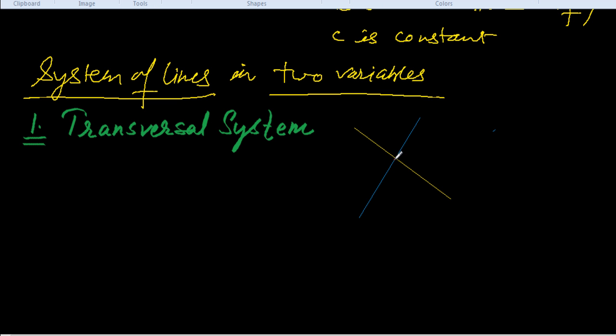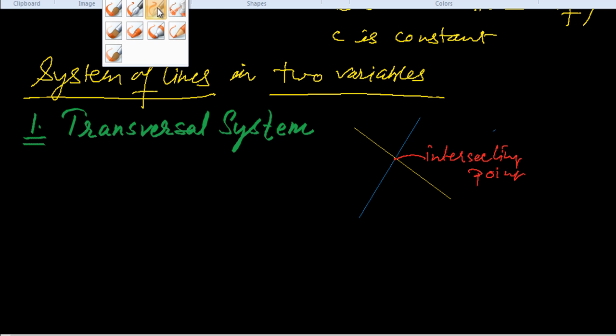Which one is the intersecting point? This is the intersecting point. The intersecting point of two lines is a unique solution. It will give us the unique solution. We will get the unique solution here.